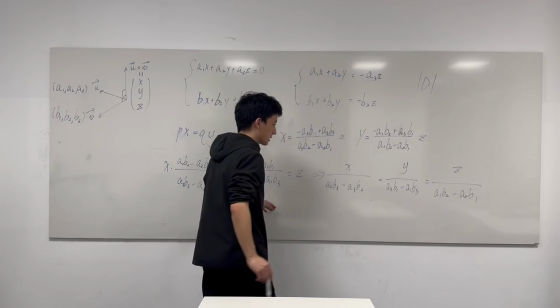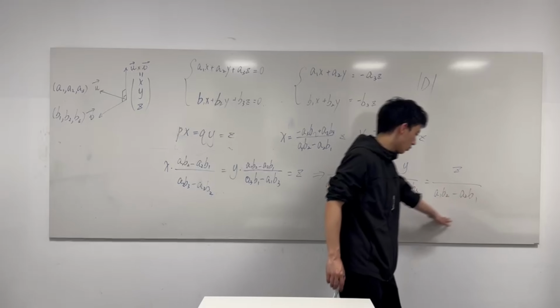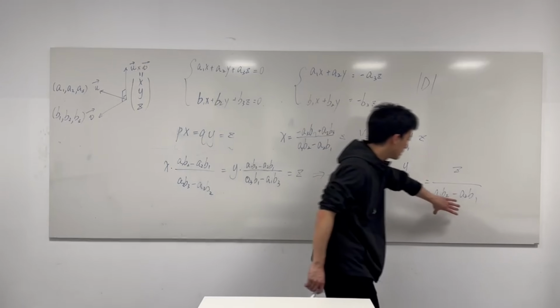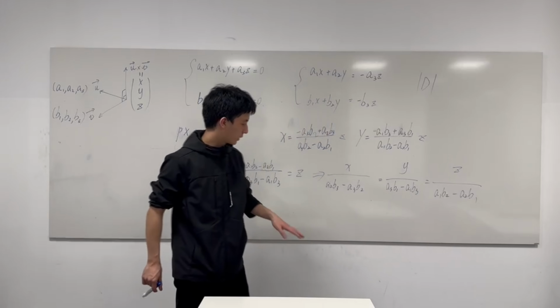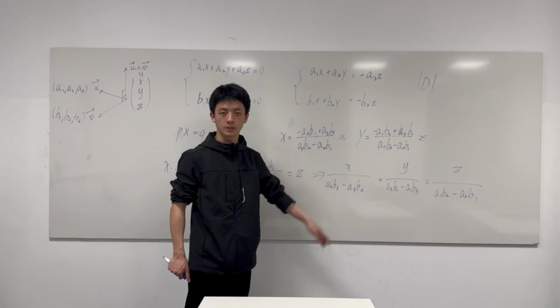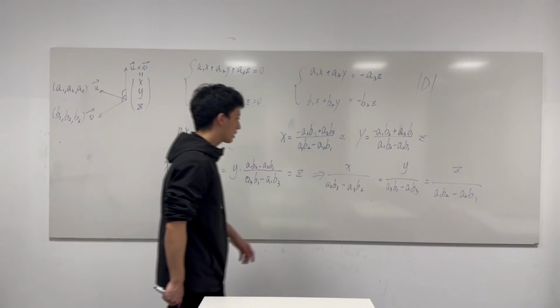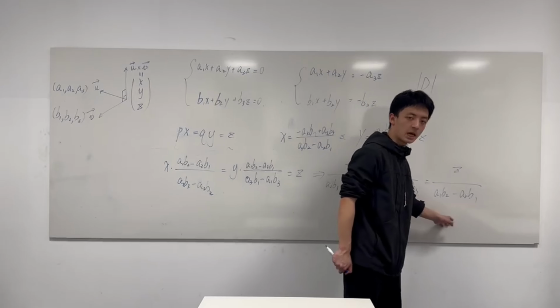We can get this line equation, and if you observe these three expressions, you realize they are exactly what we need for the cross product. But how can we prove it's like that?